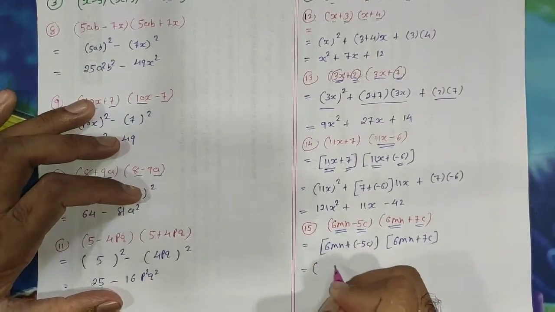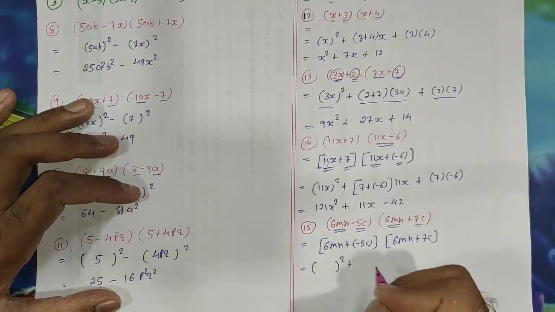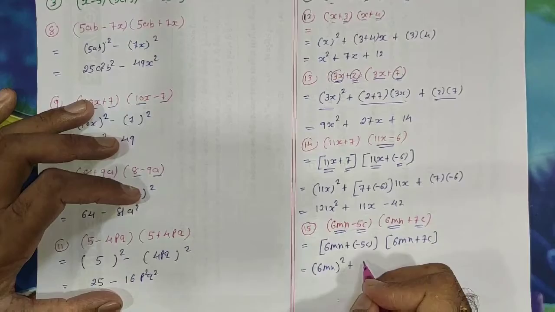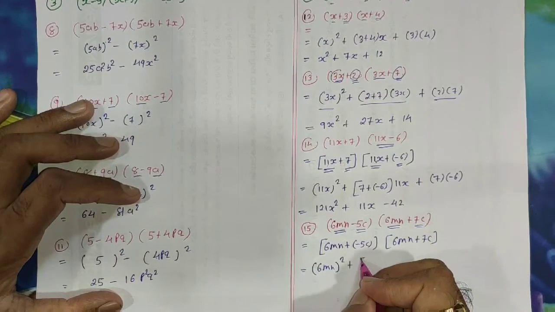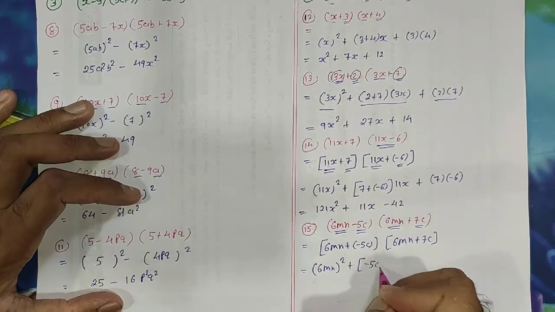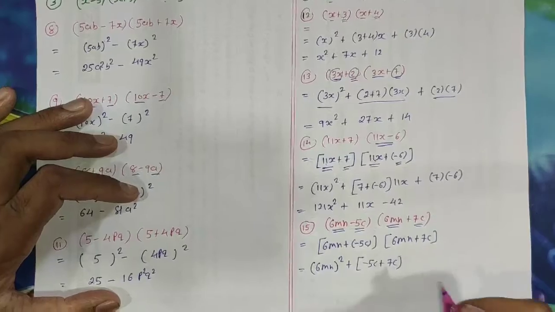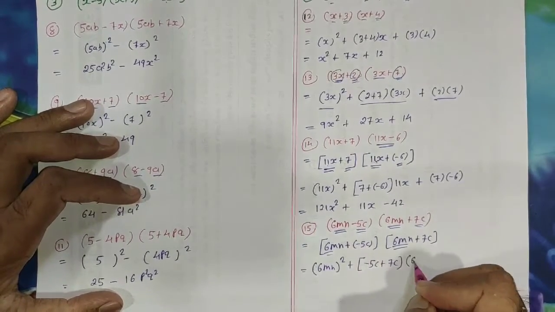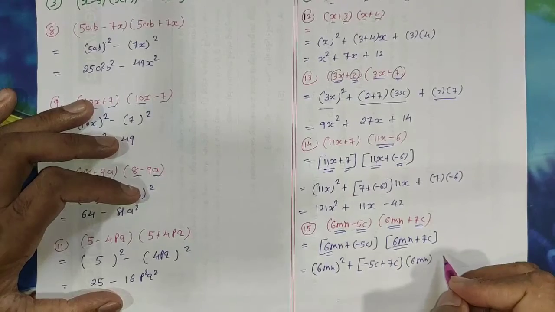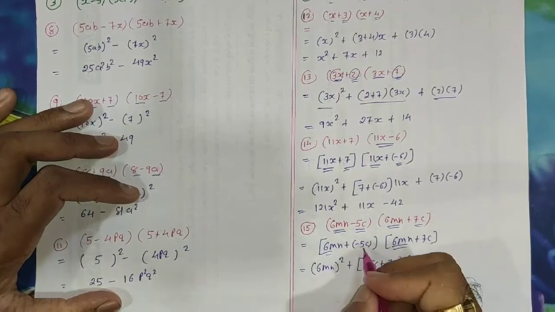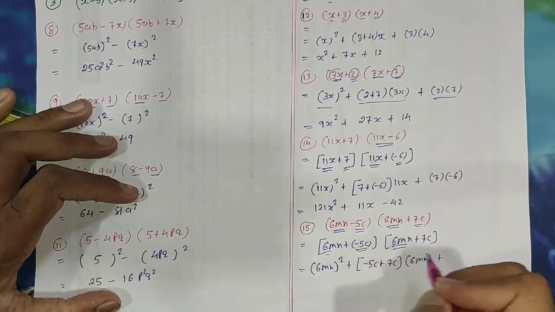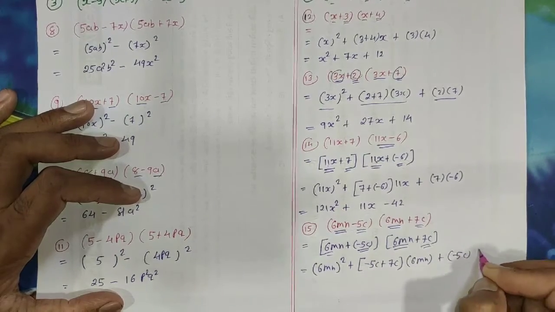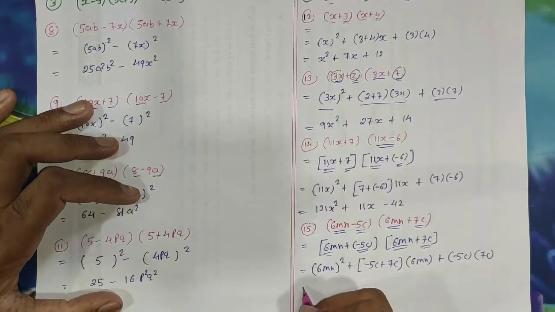So now the expansion: first term square, this is 6mn square, plus a plus b, so a plus b is minus 5c plus 7c, into x which is our 6mn, plus the multiplication of a and b, our a is minus 5c, b is 7c, so the multiplication of minus 5c and 7c.